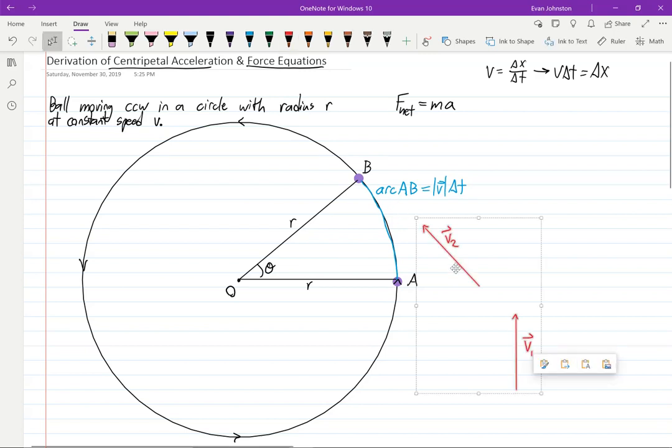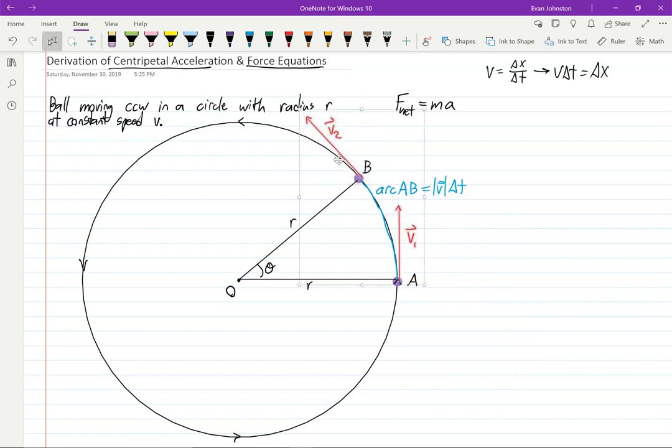I've already drawn my velocities here, and they are about the same size. They should be tangent to the circle, which means it just barely touches the circle. I've called these velocity 1 and velocity 2, keeping in mind that the length of both is the same because they're the same speed.